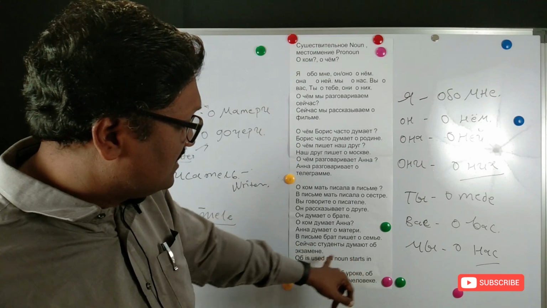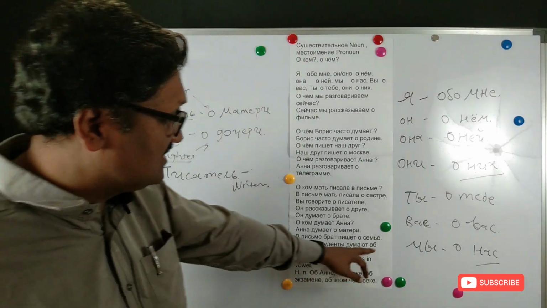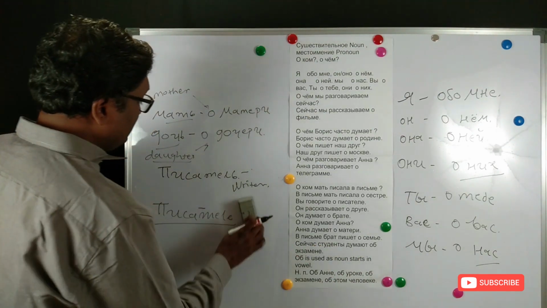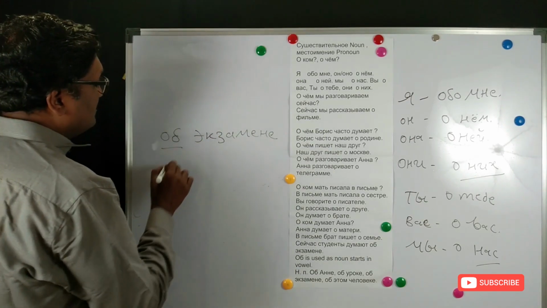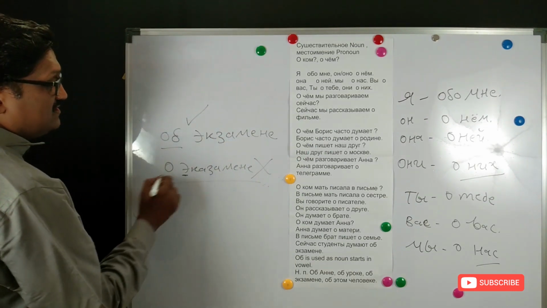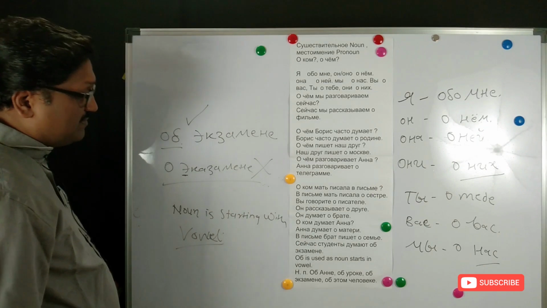Seychas studenty dumayut ob ekzamene. Now students are thinking about the examination. Ob ekzamene. We use ob if the noun starts with a vowel. It is not o ekzamene, because this starts with a vowel. If the noun is starting with a vowel, ob is to be used.